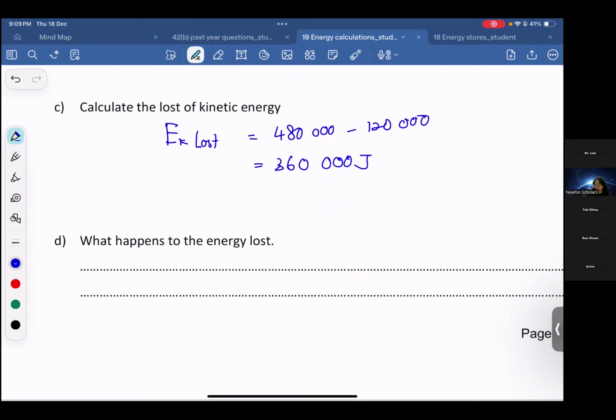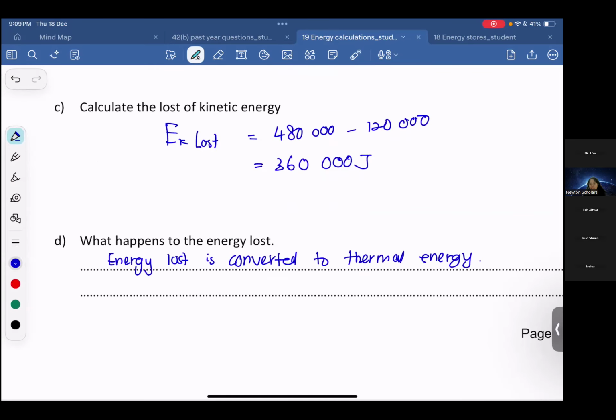Yes. Okay, so this energy loss is converted to thermal energy, and is dissipated to the surrounding. So you can write more, dissipated to the surrounding.